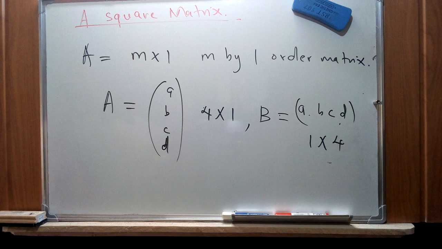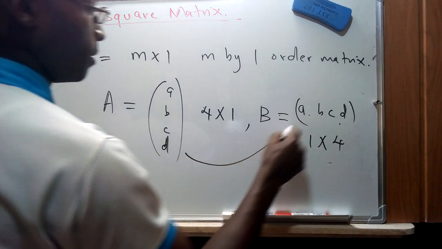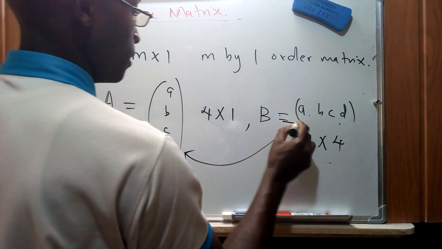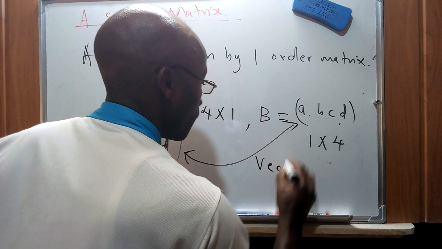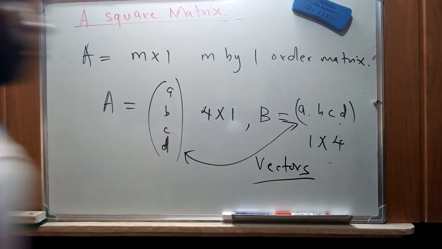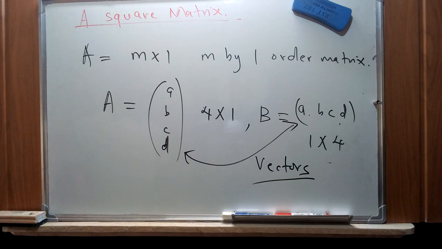This is also another type of matrices, but this special category of matrices, we can call them vectors. From our general definition of the term vector, we know that this is a quantity with magnitude and direction. We are able to differentiate it from scalars, the term normally used to differentiate between the two, scalars and vectors.